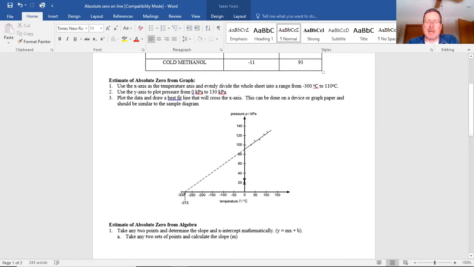Your pressure is your y-axis, and it's going to start at 0. You don't have to always have the axis over at the far left-hand side. At 0, start your y-axis if you want, so you can see it. But anyhow, you want to go from 0 to about 140 kilopascals.